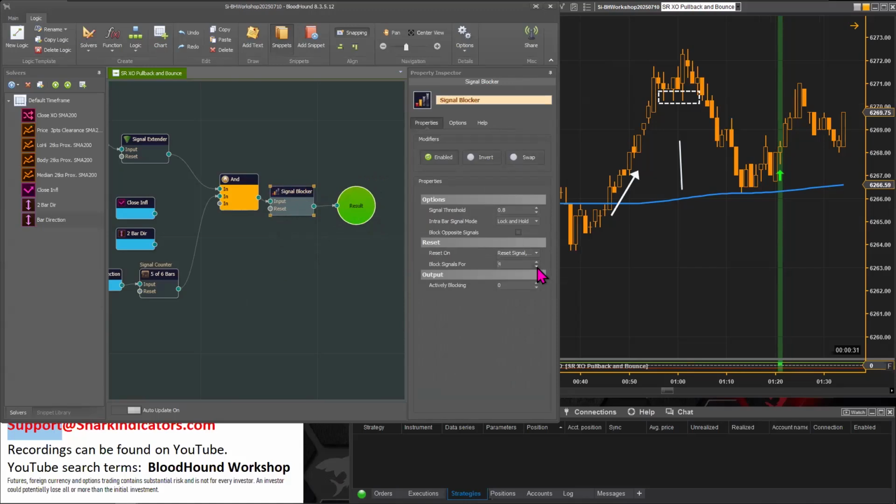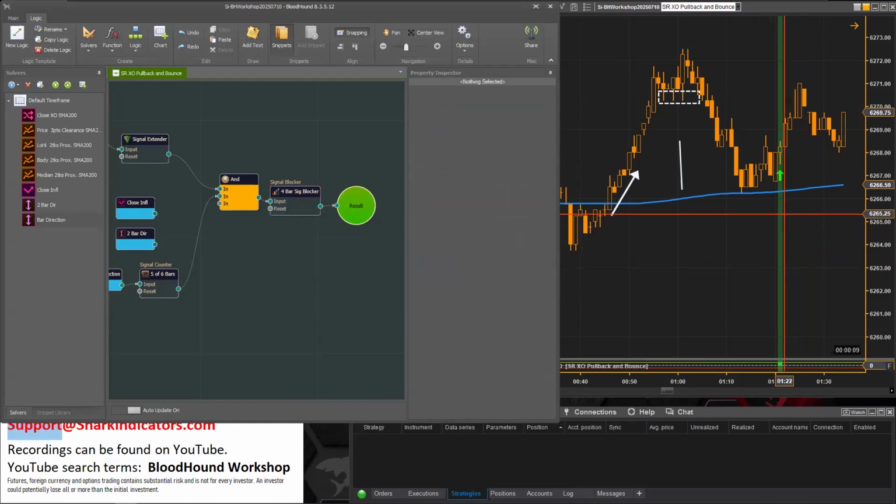And we're only going to need to block for, I think, like 3 bars, something like that. We don't need to block for too much there. And there we have it. So nice and clean. Good to go.